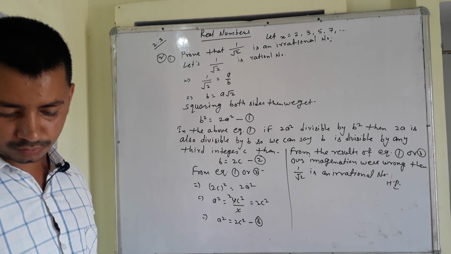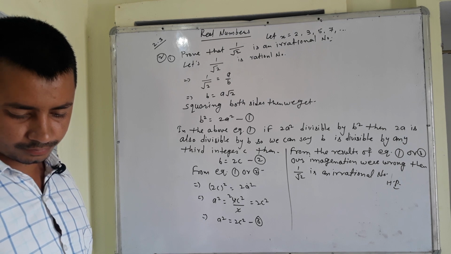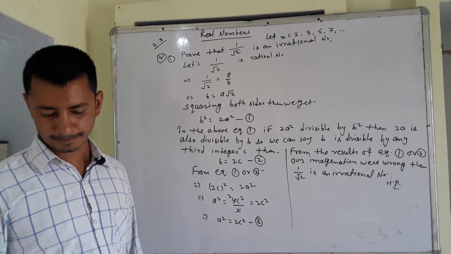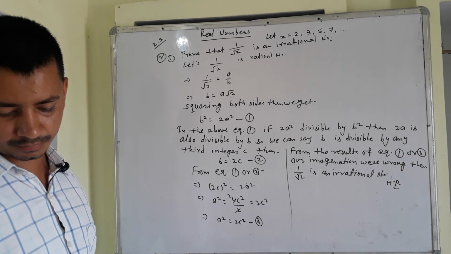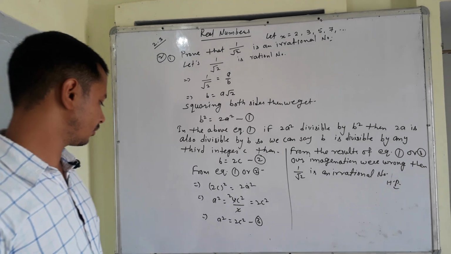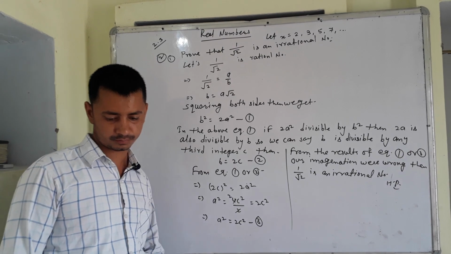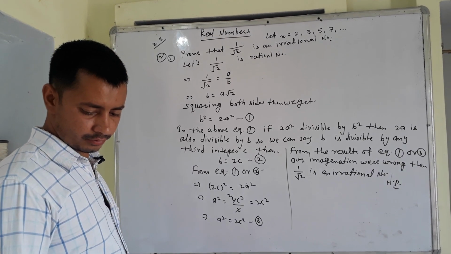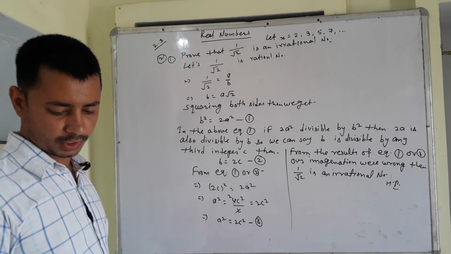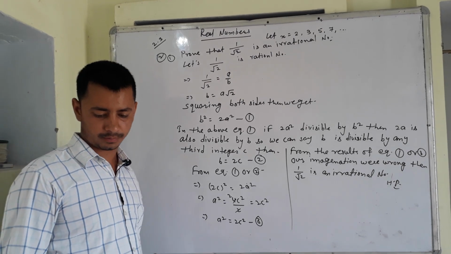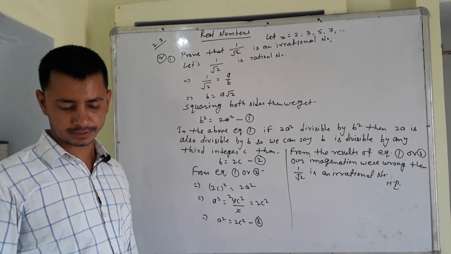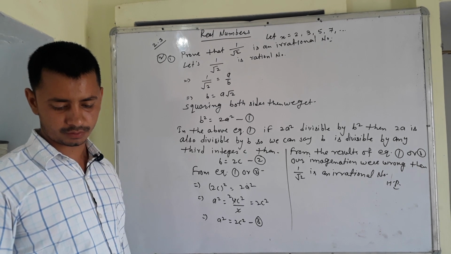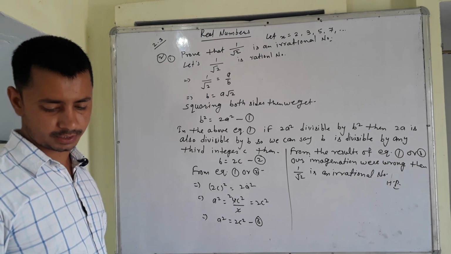Next, both parts of equation 2 are the same. Let's see equation number 3. If p and q are positive prime numbers, then prove that square root of p plus square root q is an irrational number.